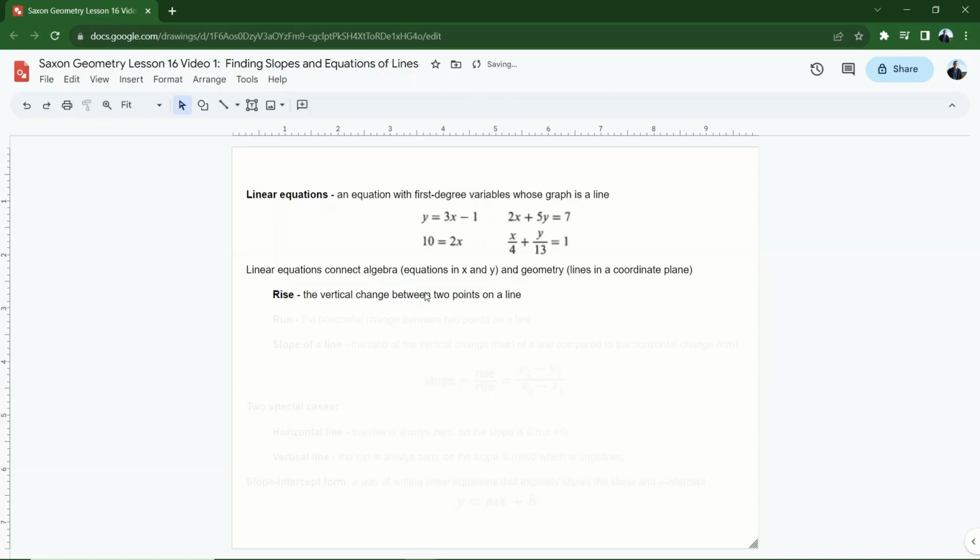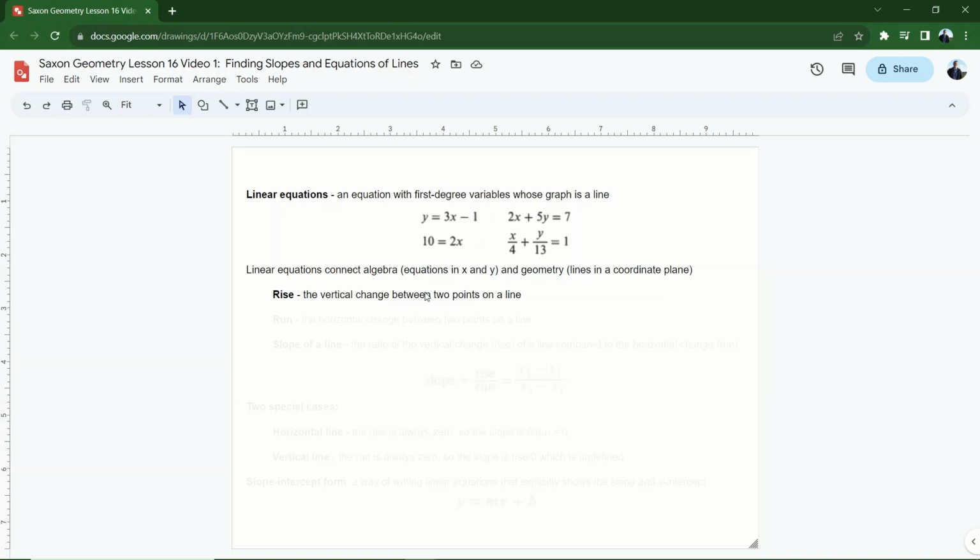All right, what is the rise of a line? The rise of a line is the vertical change between 2 points on a line. Point A, point B. Point A might be higher than point B. So I'm going to have a different vertical coordinate for point A compared to point B. How do I find the difference?